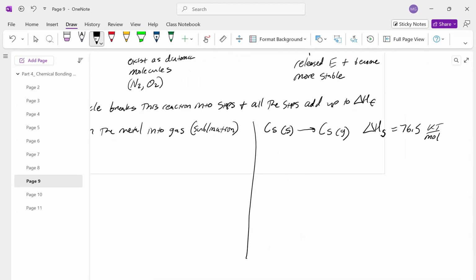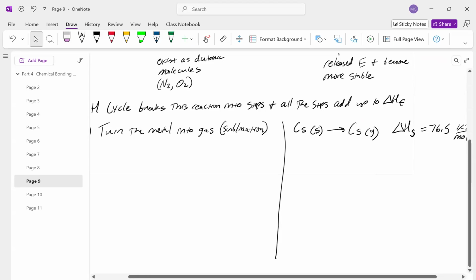It is about 76 kilojoules per mole. And this is not a number I want you to memorize. These are numbers that I'd always give you if this is something I want you to do. But notice it takes energy. That's what the positive value means, that energy has to be put in order to get that solid into a gas.